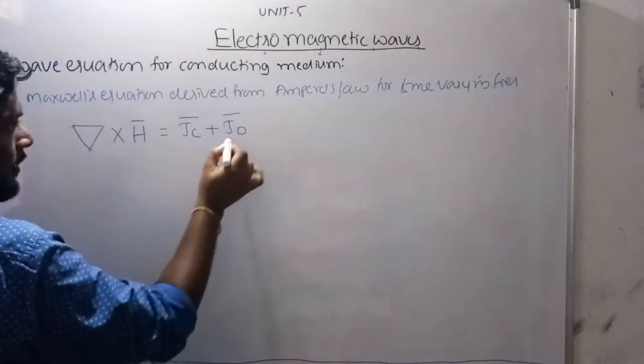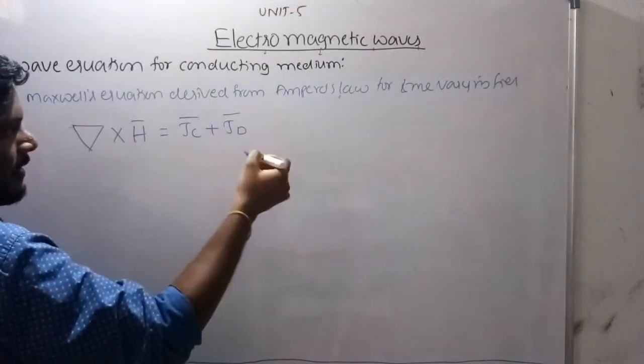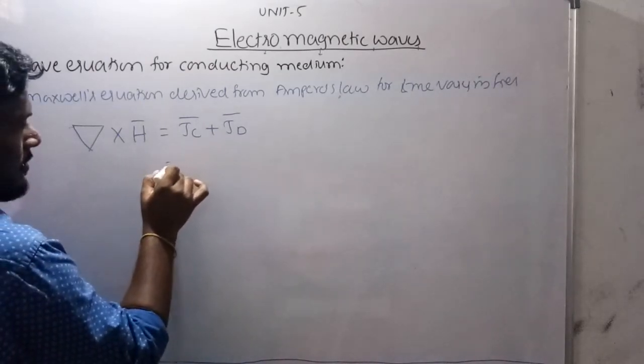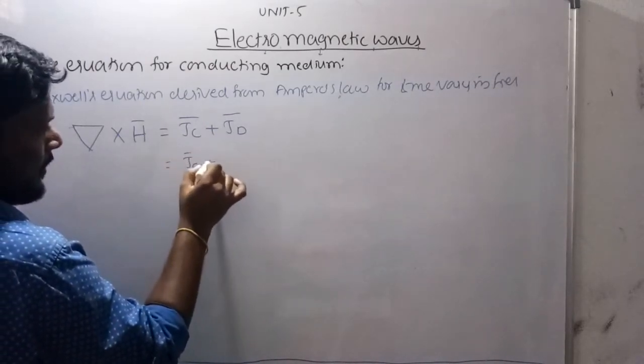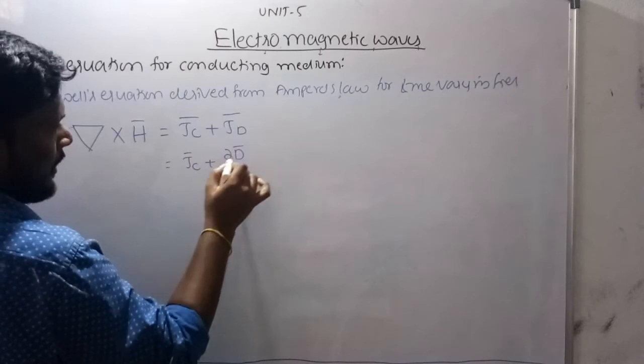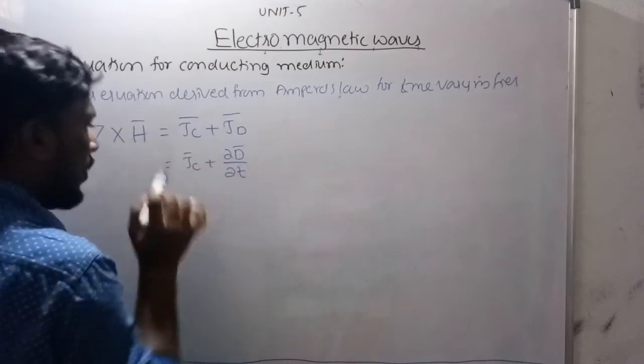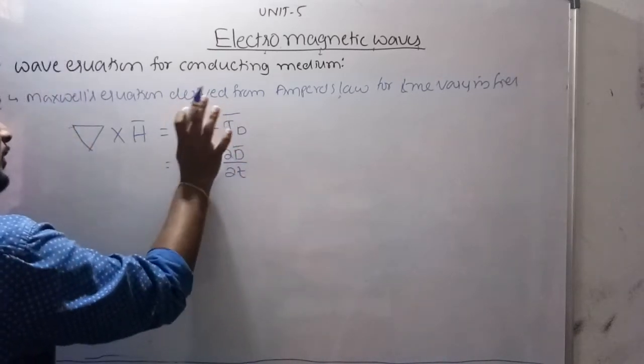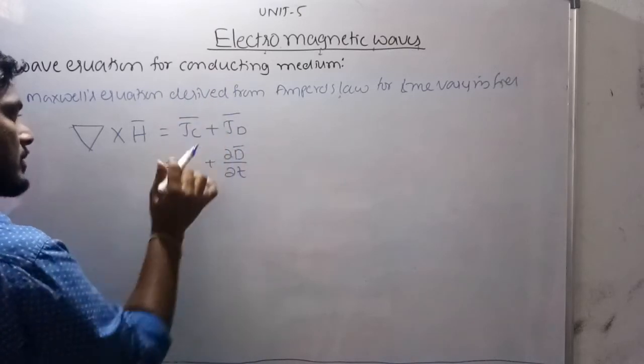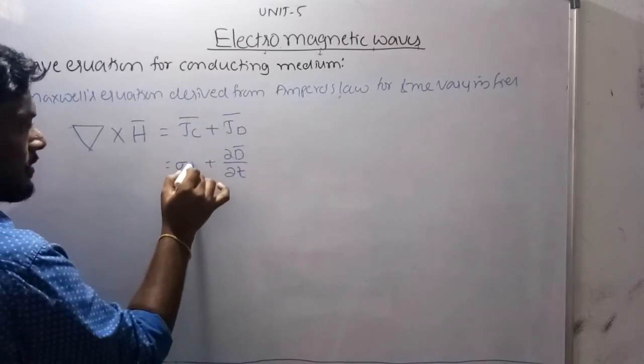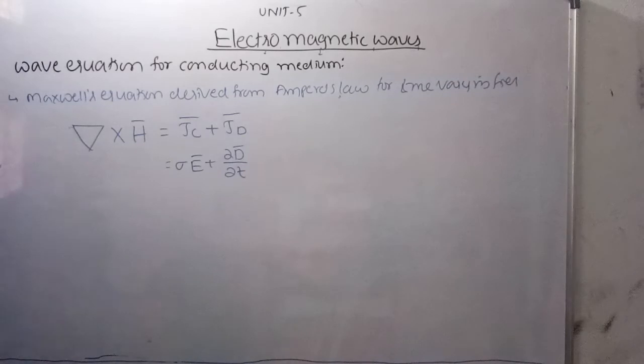After substituting J_D bar, the displacement current intensity, in terms of electric flux density, it is J_C bar plus dou D bar by dou t. What is the conduction current intensity in terms of conductivity and electric field intensity? It is sigma times E bar.